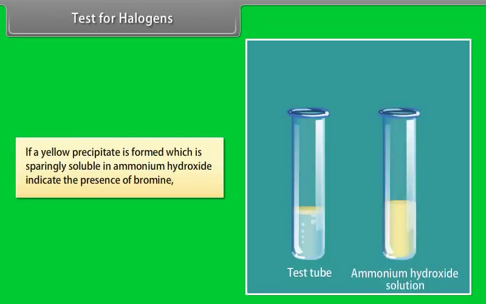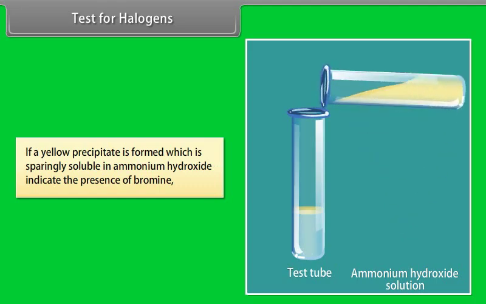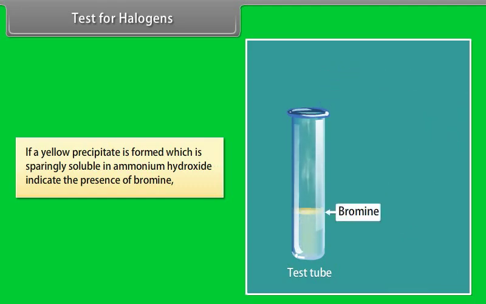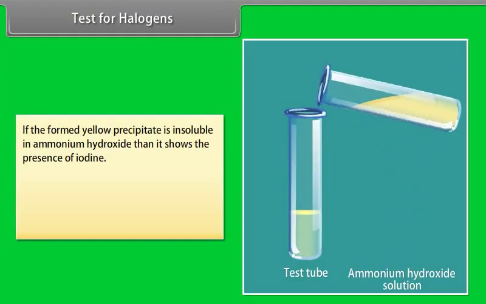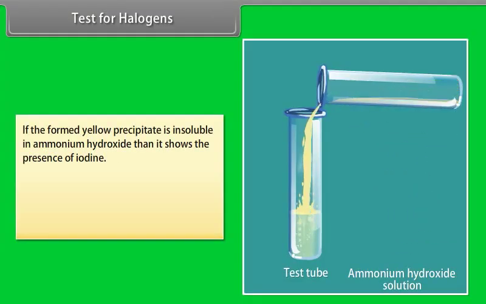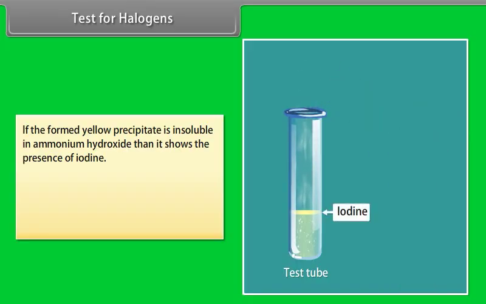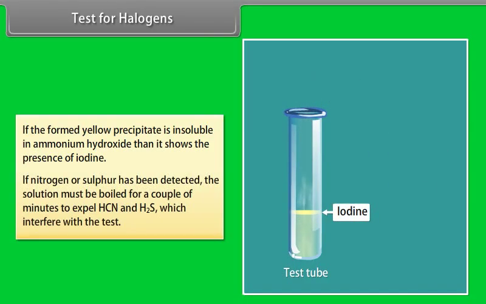If a yellow precipitate is formed which is sparingly soluble in ammonium hydroxide, it indicates the presence of bromine. If the yellow precipitate formed is insoluble in ammonium hydroxide, then it shows the presence of iodine. If nitrogen or sulfur has been detected, the solution must be boiled for a couple of minutes to expel HCN and H2S which interfere with the test.